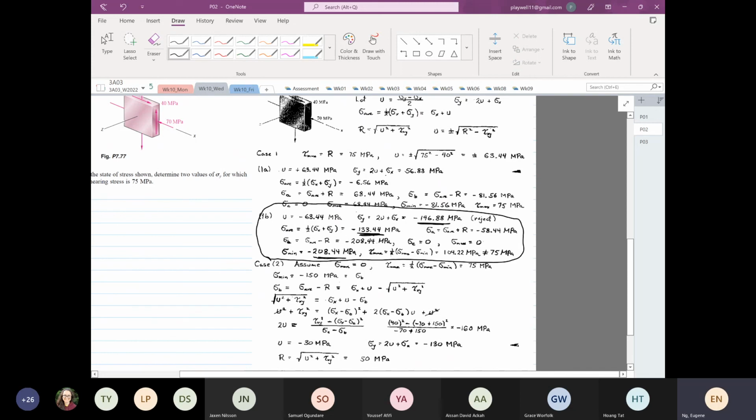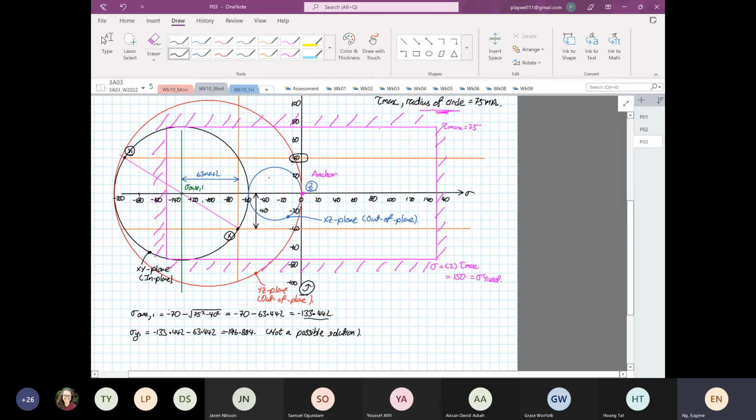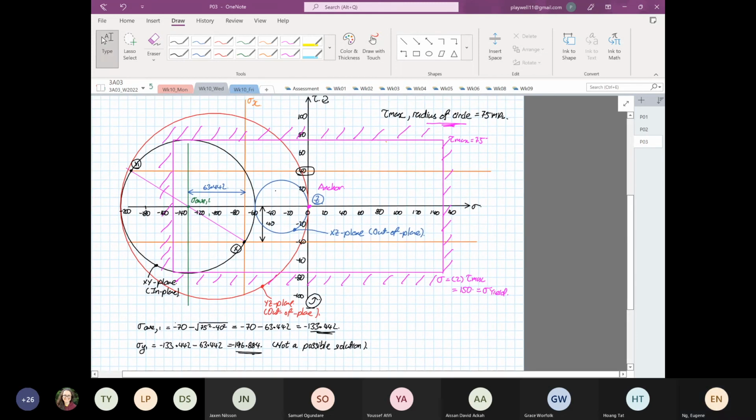We have what? 196.88. If you look over here, we have 133.442, 196.884. I hope I convince you to use what? Mohr circle. Because visually, you can understand what is going on.